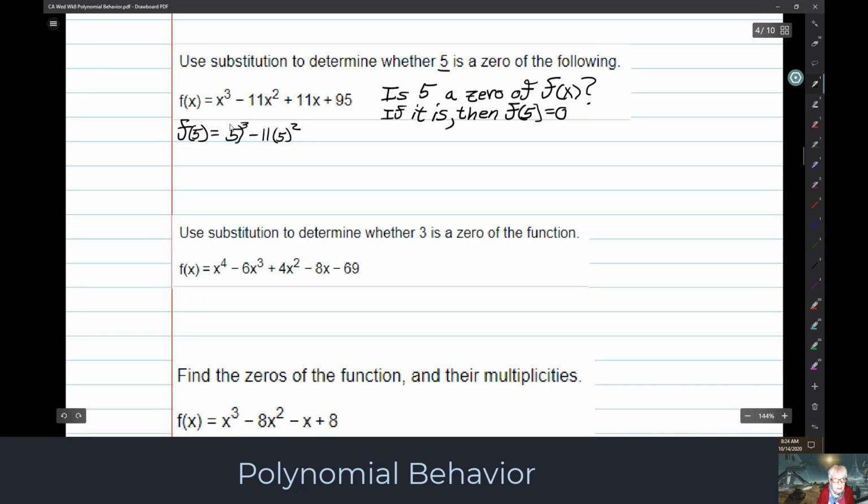So I really should put these in parentheses. Plus 11 times 5, plus 95. If it equals 0, then 5 is a zero of f of x. Later we'll talk about what it does and why I care. Yeah, it's important.